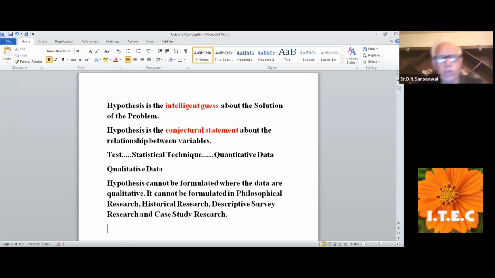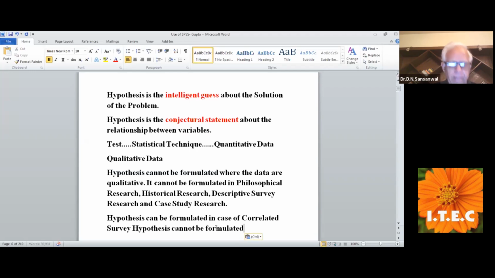Now, hypothesis should be formulated only in case of, so hypothesis can be formulated in case of correlational survey research and experimental research.